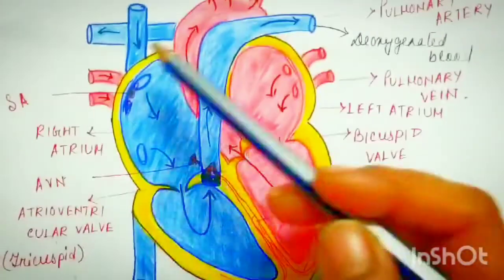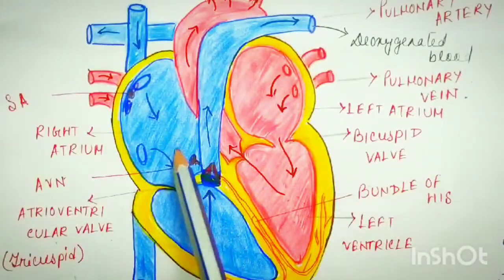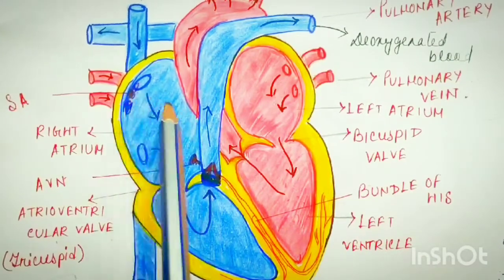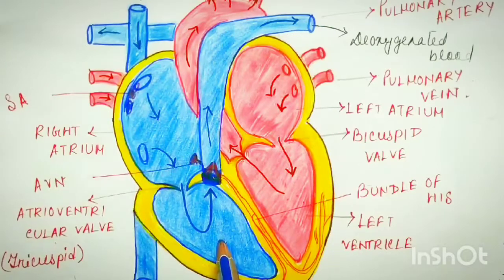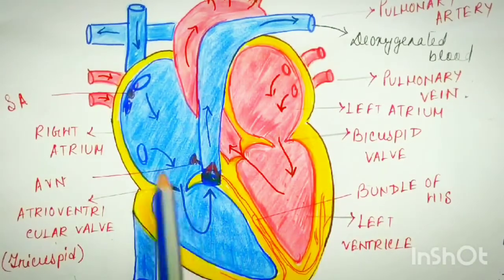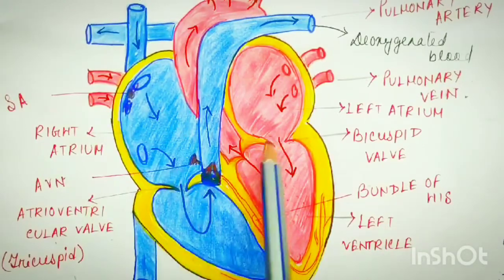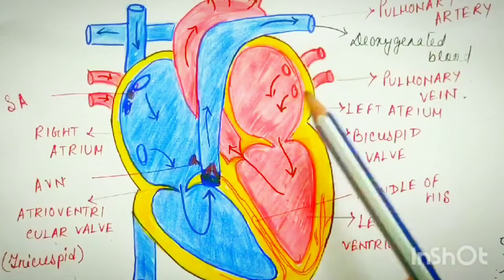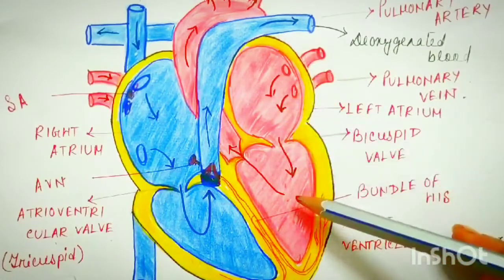And always remember, in the heart, blood flow is always unidirectional. It means from the right atrium blood can flow to the right ventricle, but it cannot move from the right ventricle to the right atrium, because this valve does not allow backflow of the blood. In the same way, from the left atrium blood can flow to the left ventricle.